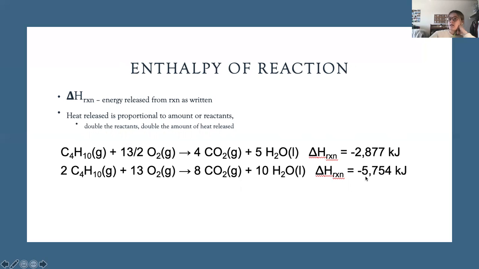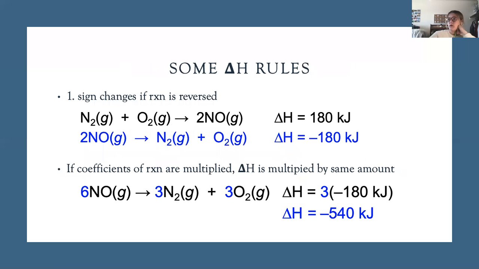So we double this, and notice that it stays negative, but you just multiply that by 2, and this is exactly double of what it was in the first. So just remember, in heat of reaction enthalpy, if you're going to double the amount of reactants, you need to double the amount of energy released. They're just proportional.